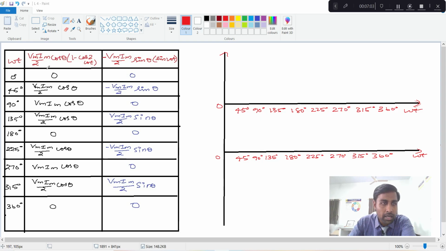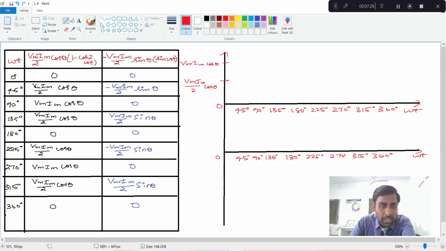I am going to draw the first expression in this graph and the second expression in this graph. Now you have Vm Im by 2 cos theta and Vm Im cos theta. So this is my Vm Im by 2 cos theta, and this I am taking as Vm Im cos theta. This is my first thing.